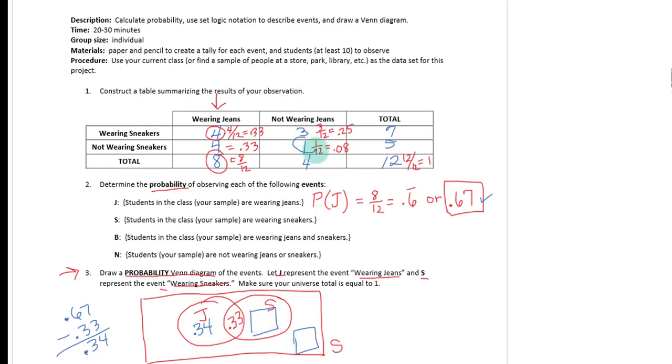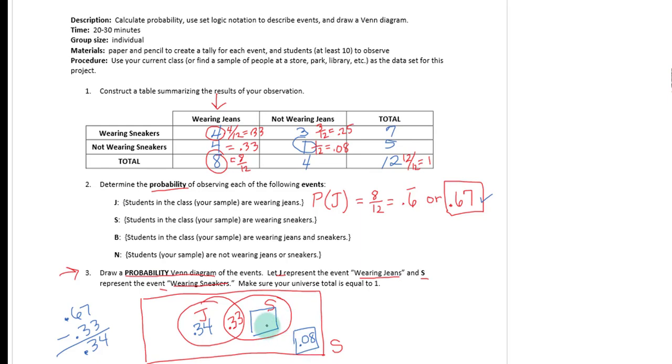I have one student that was not wearing jeans, not wearing sneakers. So that one student out of 12 would need to be accounted for right here. So that's where that 0.08 would be written. So far I have 0.34 added to 0.33 added to 0.08, and that is not making a sum of 1.